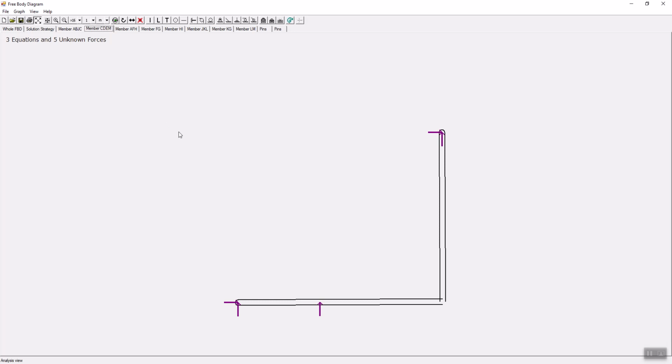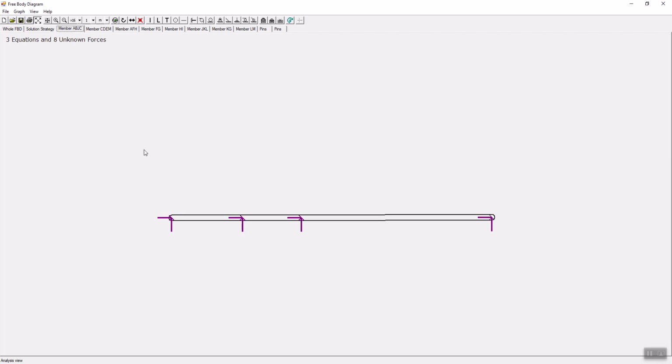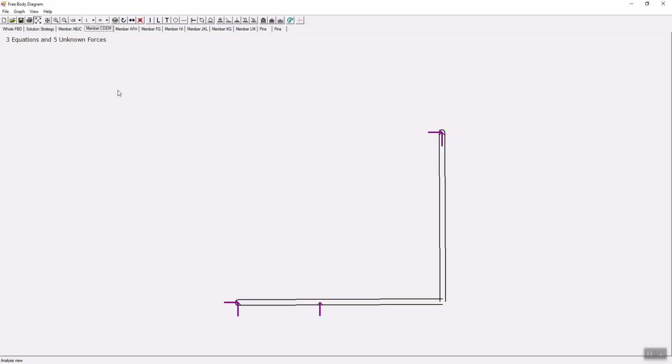As you know, to solve a member completely, we can write 3 equations, and when we have more than 3 unknown internal forces, we cannot solve that member. So we cannot solve the whole free body diagram independently by itself. We cannot solve this one by itself. We cannot solve this one by itself.